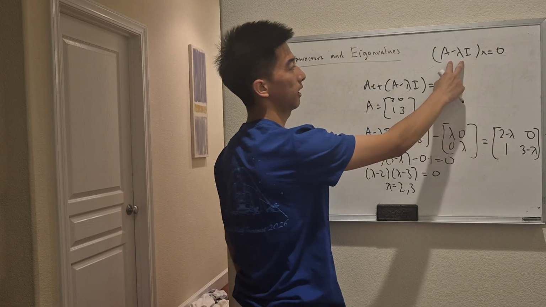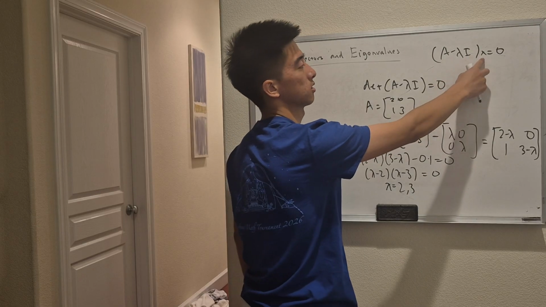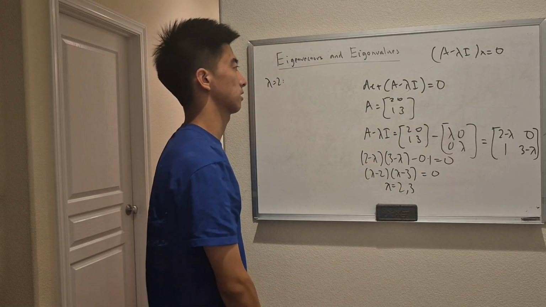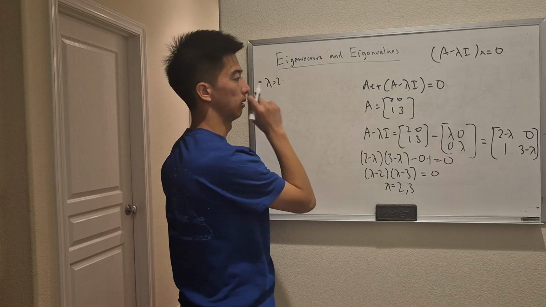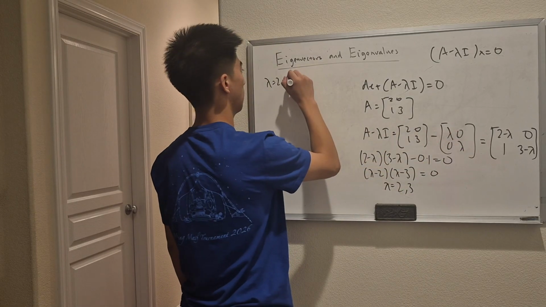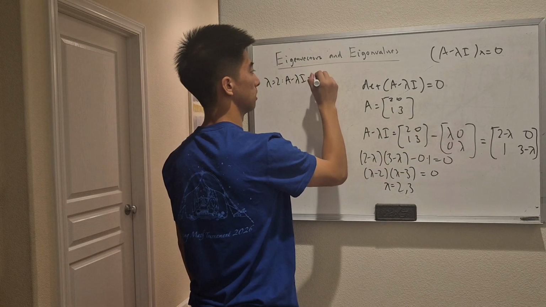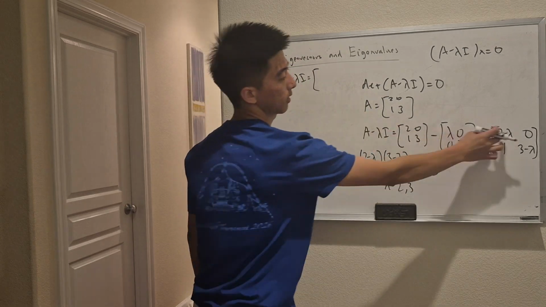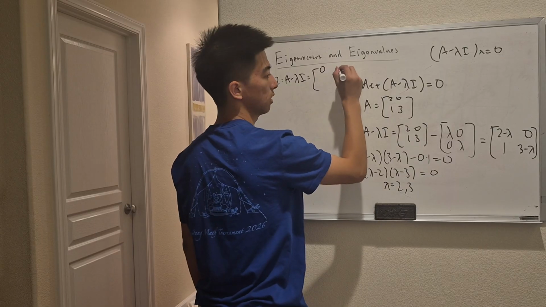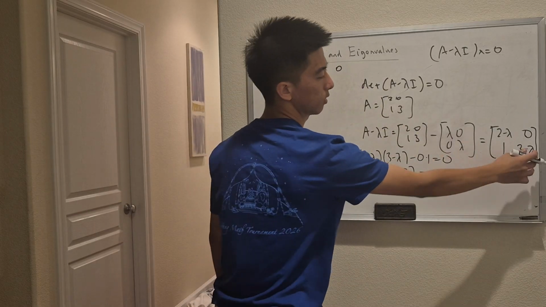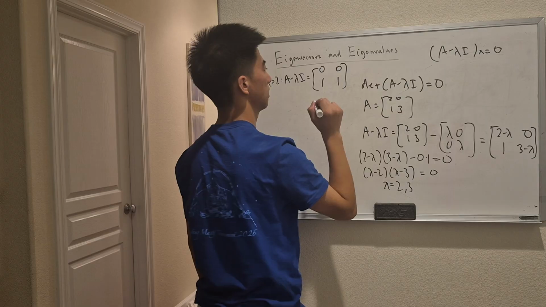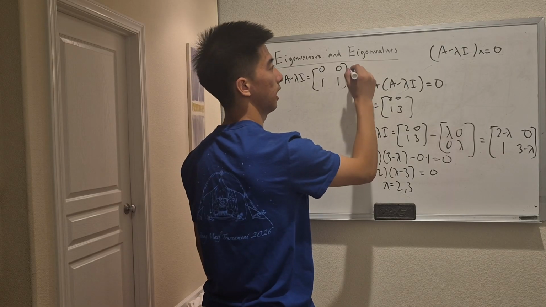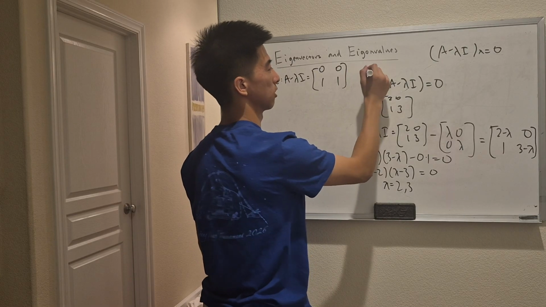So now we can find A minus lambda I, and then we can solve for our eigenvectors x. So A minus lambda I is equal to 2 minus lambda, so since lambda is equal to 2, 2 minus 2 gives you 0, 0, 1. You have 3 minus 2 gives you 1. And so this times x is equal to 0.